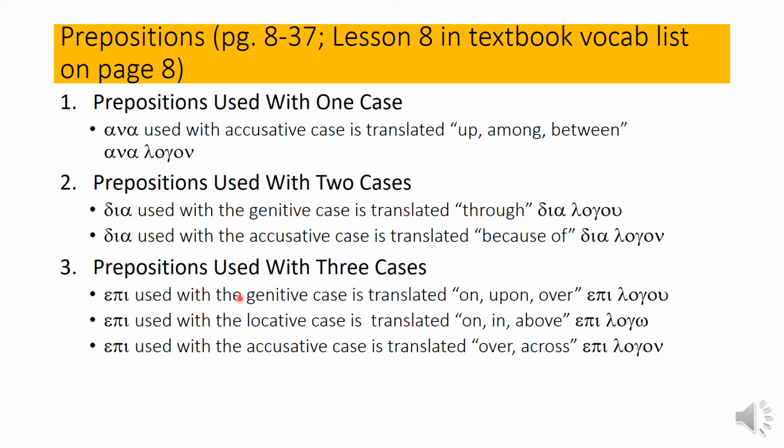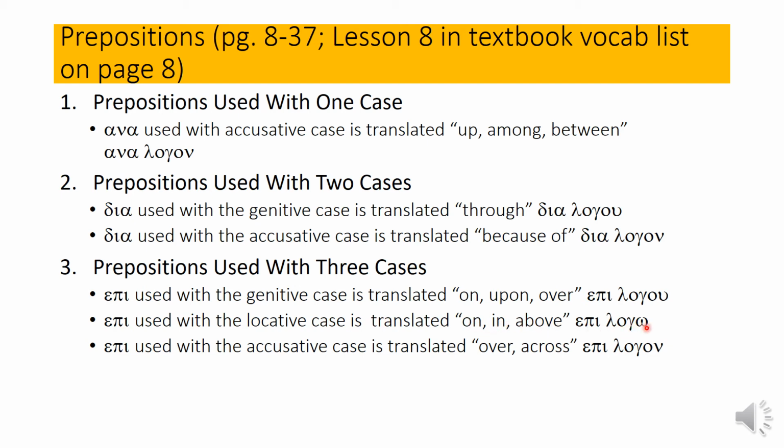Some prepositions are used with 3 cases. Epi, used with the genitive case, is translated on, over, or upon. So epi logou, logou being a noun in the genitive case, will be translated upon or over or on a word. Epi can also be used with the locative case. See, 3 case possibilities here.